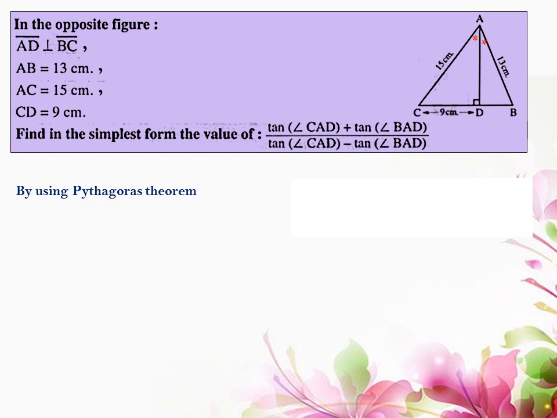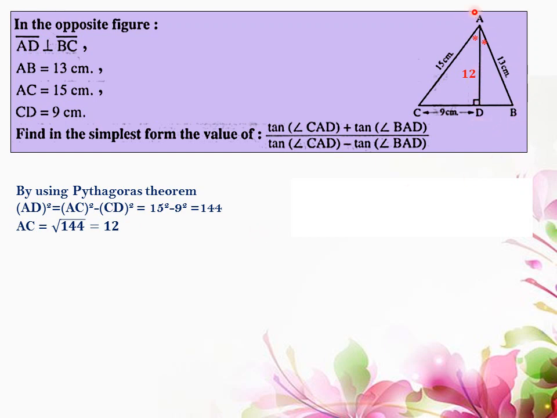So by using Pythagoras, AD squared equals AC squared minus CD squared, equals 15 power 2 minus 9 power 2, equals 144. We will take the square root, which is 12. So AD is 12.